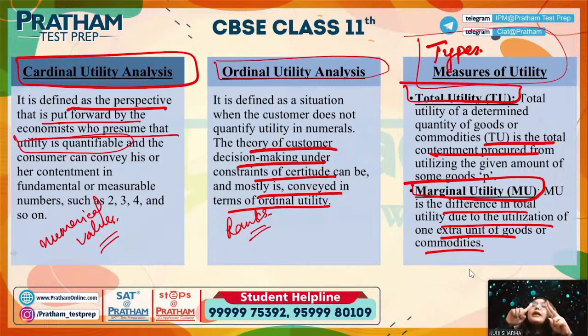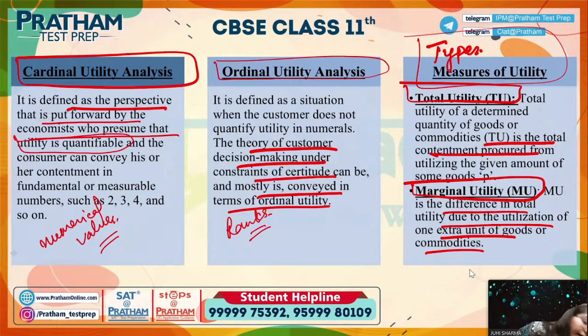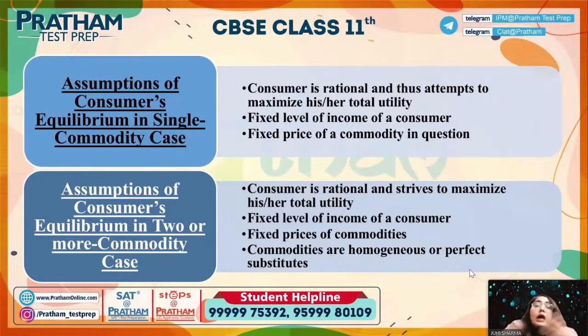And when the utility can be put into numbers, given some numerical value, when it is quantifiable, this is cardinal utility. But when these utilities cannot be put into numbers, we say that it is the ordinal utility analysis. Okay, just the ranks, right? Now, further, we have the assumptions.